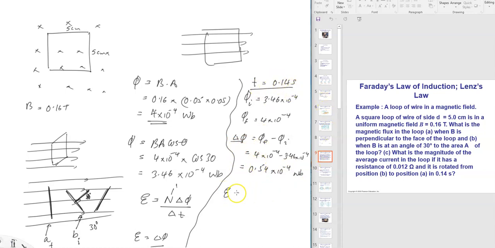So dψ by dt, flux change, 0.54 times 10 to the negative 4 divided by 0.14.